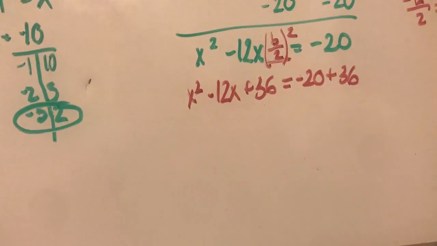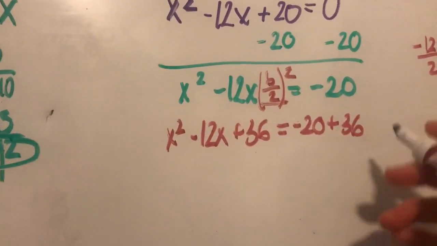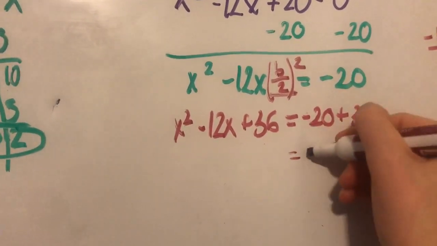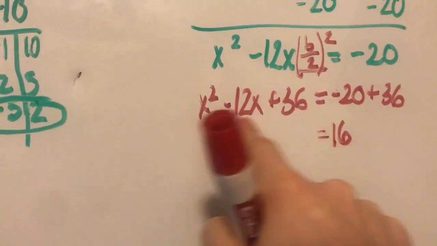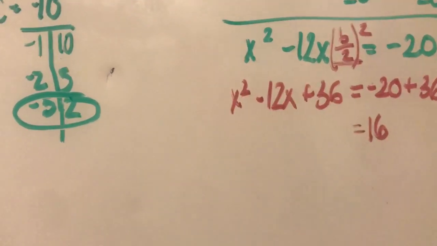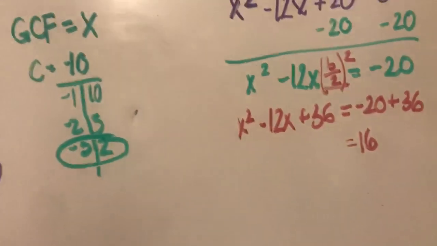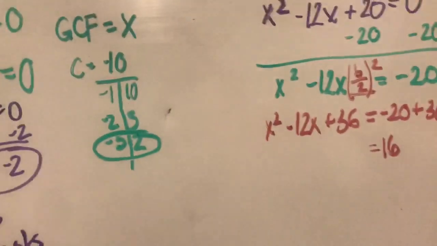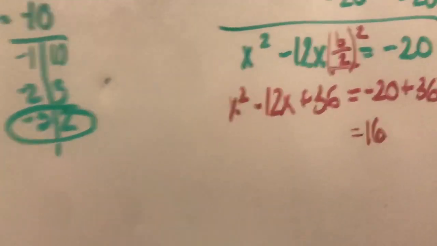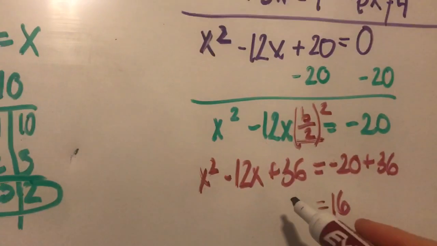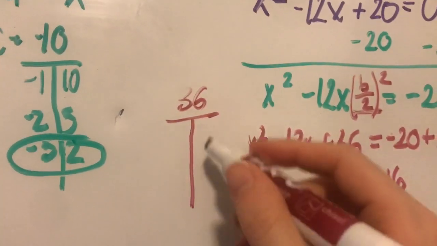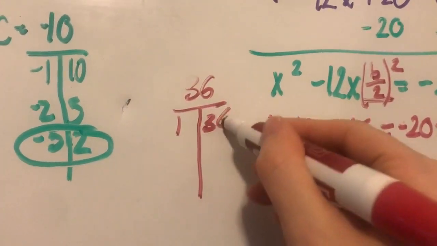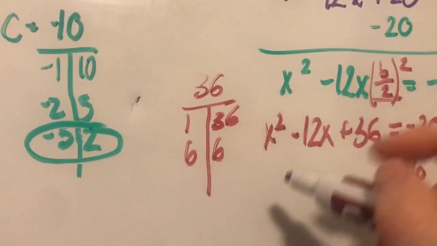Okay. I'm going to do two things at once. First, I'm going to combine these together as a positive 16. Over here, I'm going to factor this trinomial. We should be pros at factoring because we just factored using the ABC method. So I'm looking at my c value, which is 36, and I'm listing my factors: 1 and 36, 6 and 6.